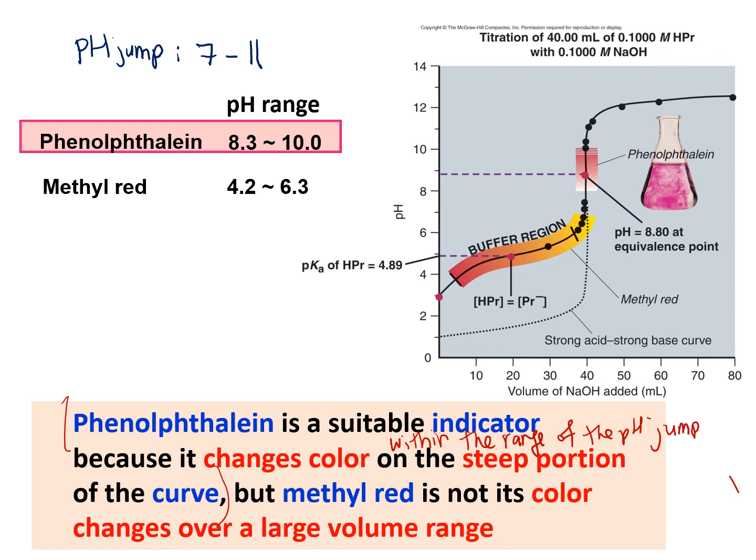Dan awak nyatakanlah pH jump tu berapa? 7 to 11. Untuk mana-mana explanation, mana-mana titration curve, strong acid, strong base, awak cakaplah pH jump dia 3 to 11. Weak base, strong acid, awak cakaplah pH jump dia sebanyak 3 hingga 7. Okay, like that the explanation.